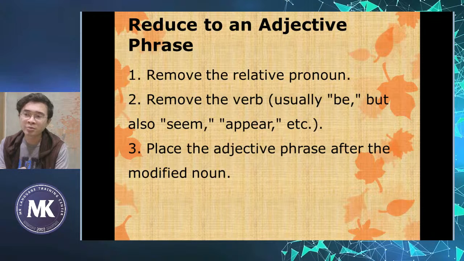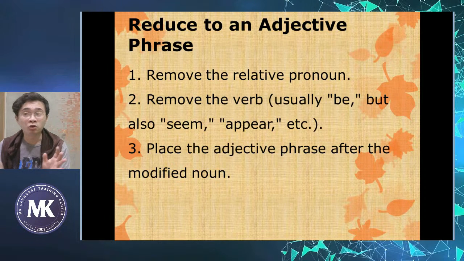So here remember, to reduce the adjective clause to an adjective, we need to put the adjective before the noun that it modifies. But for the adjective phrase, we need to place the adjective phrase itself after the noun that it modifies. So somehow it has a different rule. That's why you should not be confused about it.